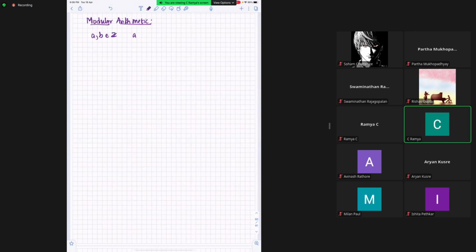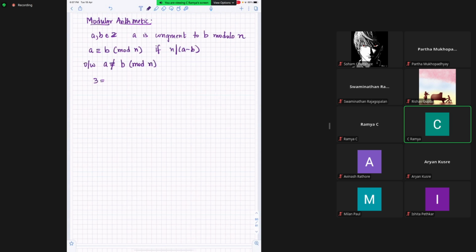We'll say that A is congruent to B modulo N. This is written as A ≡ B mod N. This is a super important notation that you need to remember. A is congruent to B mod N if N divides A minus B. Otherwise we will say A is not congruent to B.